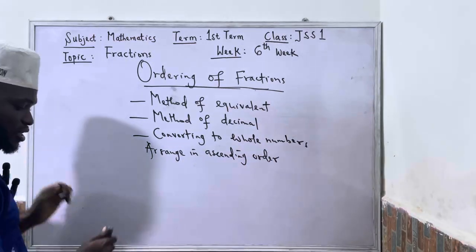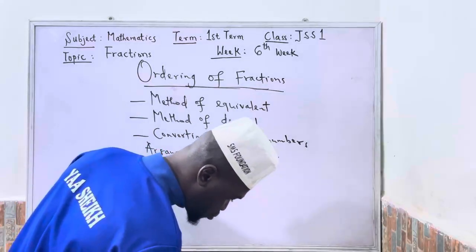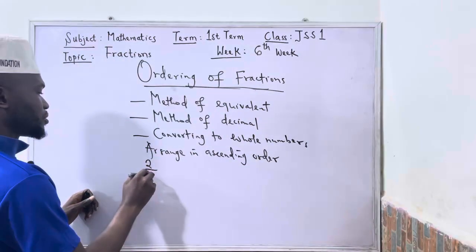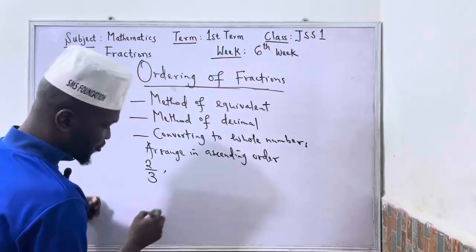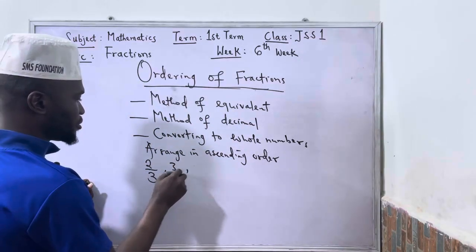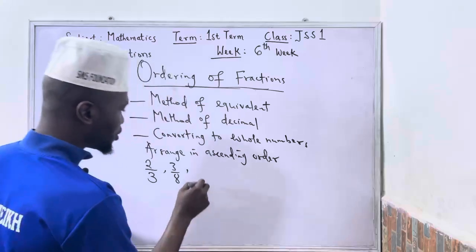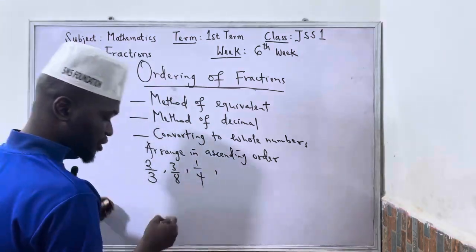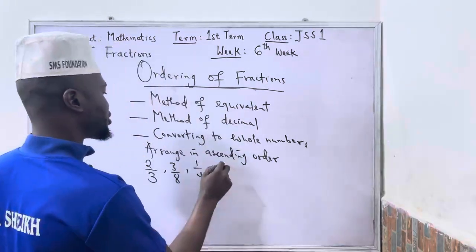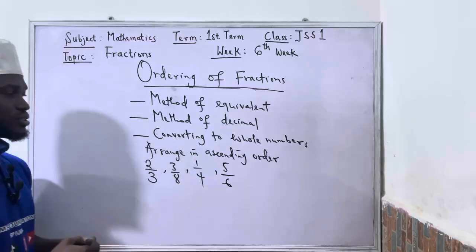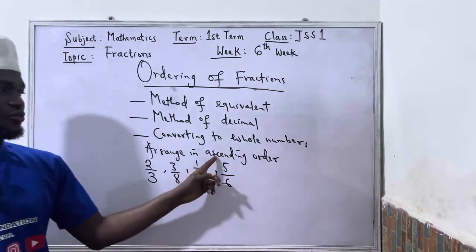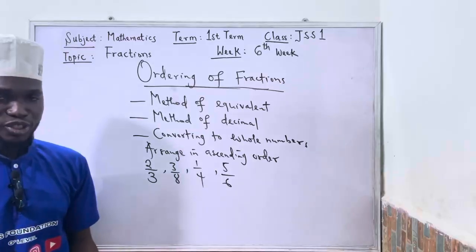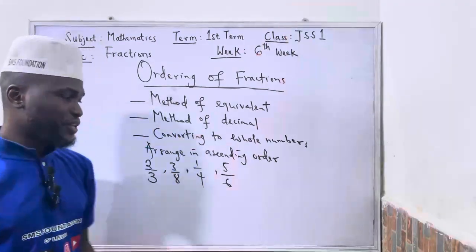So the question now says you should arrange 2/3, next 3/8, next 1/4, next 5/6. All these fractions, you want to arrange them in ascending order. Don't forget, ascending order means from the smallest to the biggest.